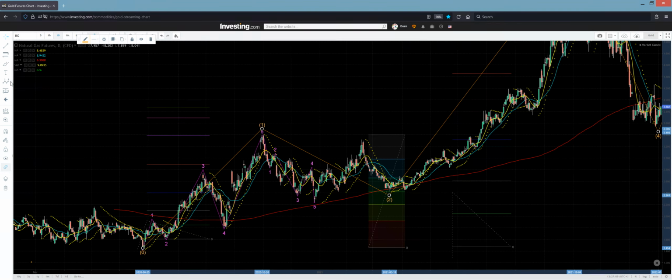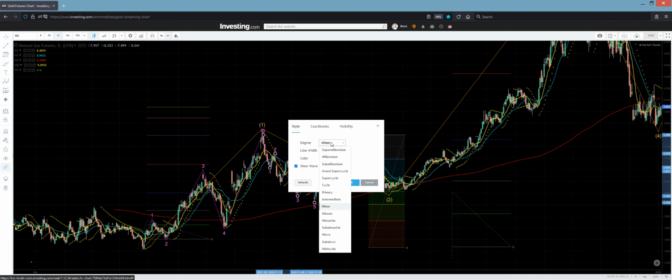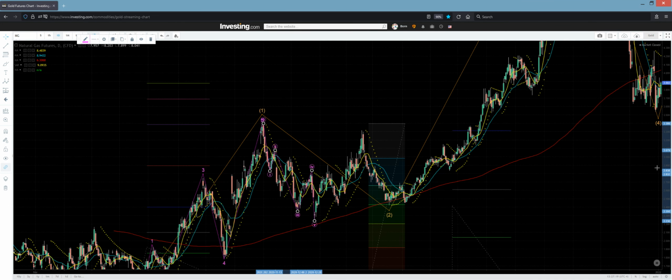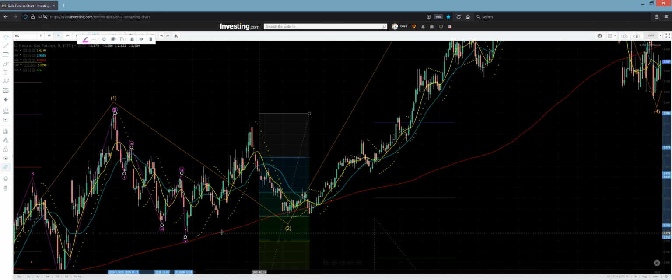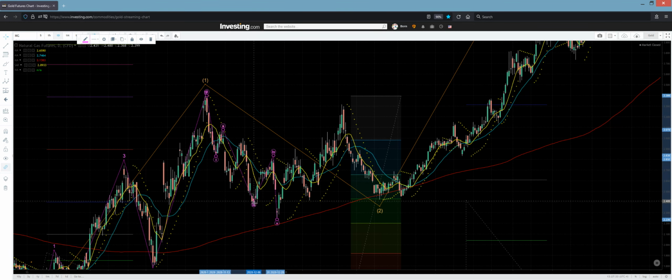So let me just change the degree and the color here. Call that a vignette. I'm not a big fan of these. But why this is an ending diagonal, I'm not going to get into which count this is here. This could very well be 3, 1, and the diagonal, or normally this would be an incorrect count if I was to call this 3.